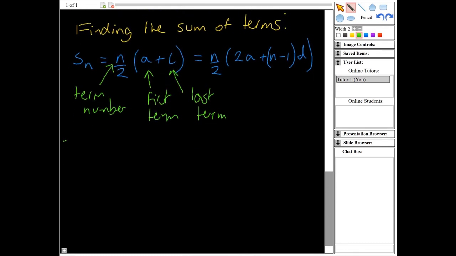So if we do an example here, say we have another sequence. Let's use the same one we had the first time: 4, 7, 10, 13, 16. Okay, and say I want to find the sum of the first 4 terms.